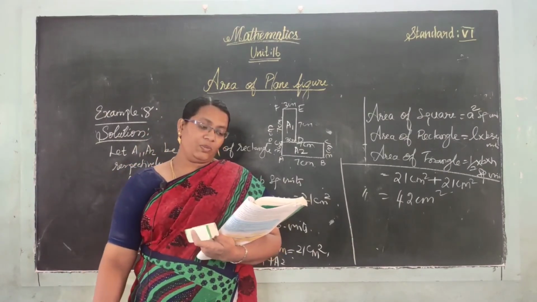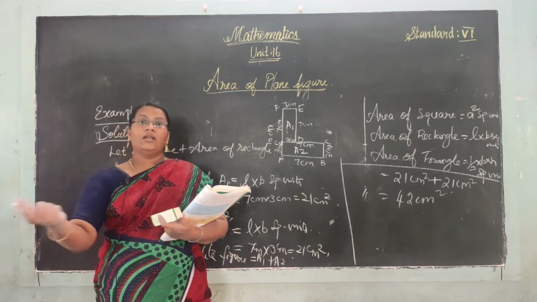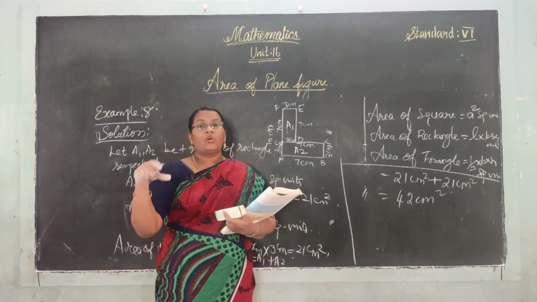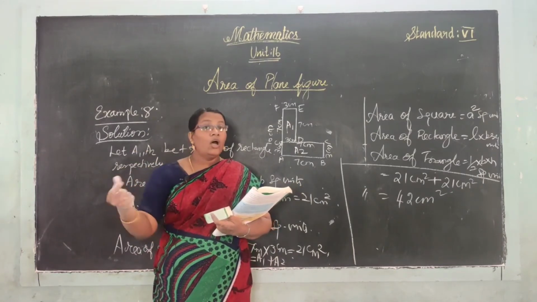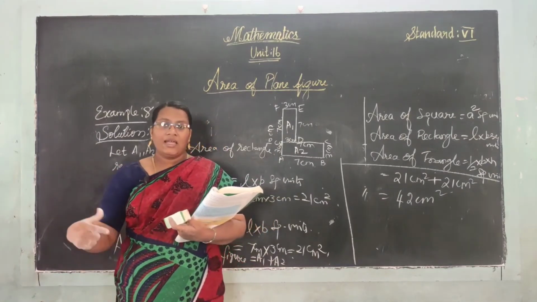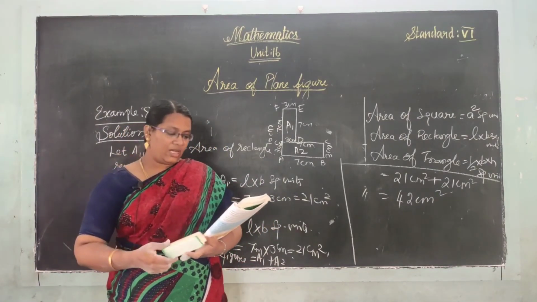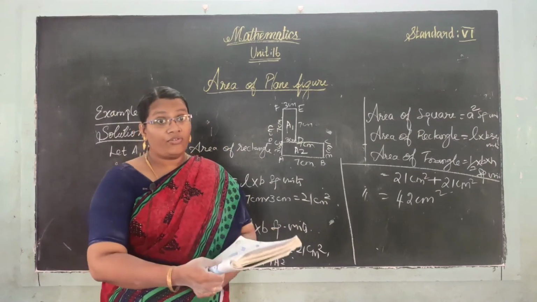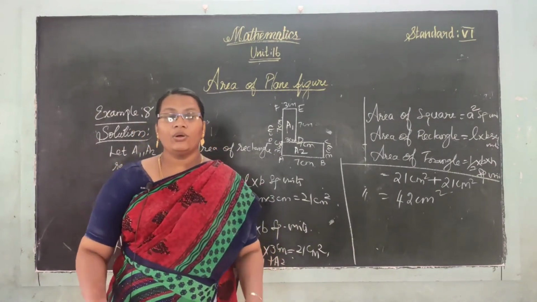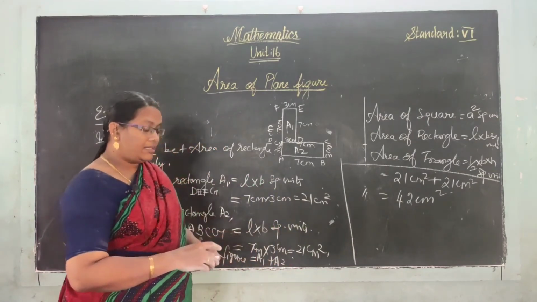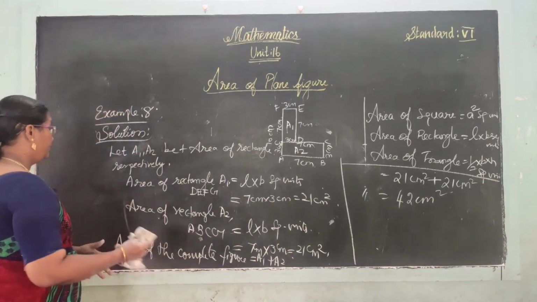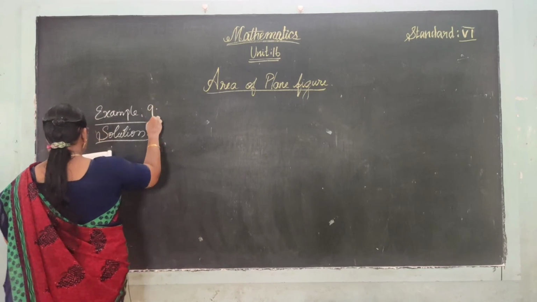Finally we find the cost of the tiles at rupees 38 per tile. First we have to find how many tiles would be pasted on this rectangular hall. After that we calculate the cost. So first we calculate the number of tiles required for the rectangular hall. Let's see the example 9 solution.